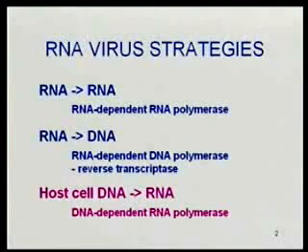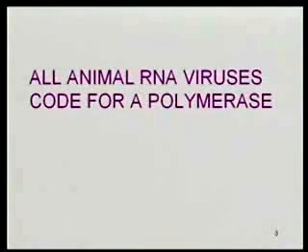So our RNA polymerase is of no use to these RNA viruses because it doesn't use RNA as a template. What that means is all of the animal RNA viruses, since we don't provide them with anything that will copy RNA, have to code for an RNA-dependent polymerase to copy their RNA into something else.